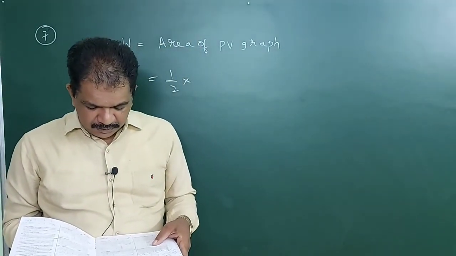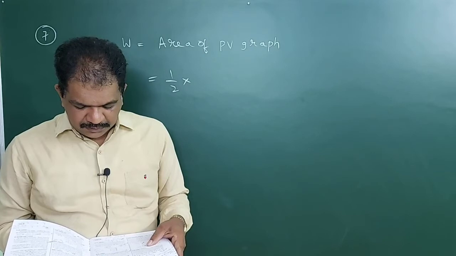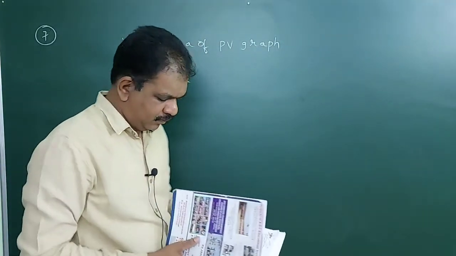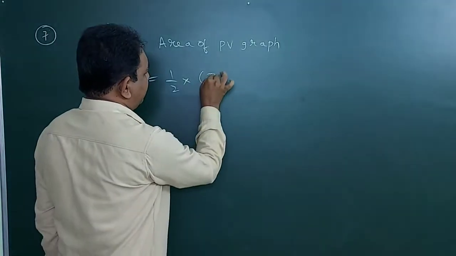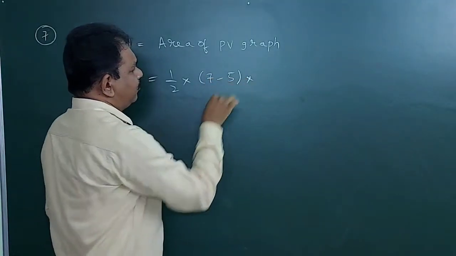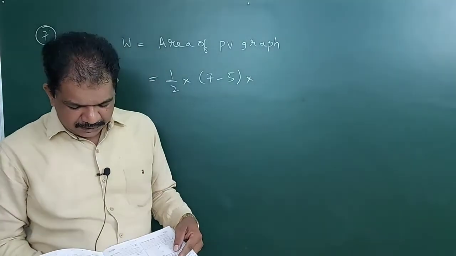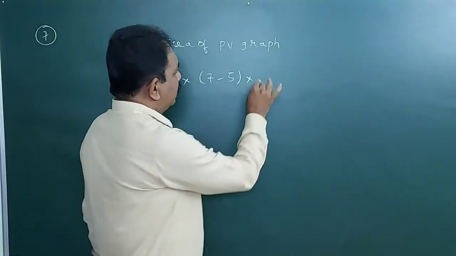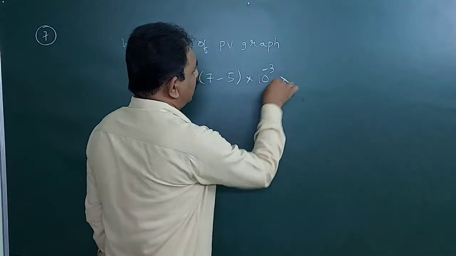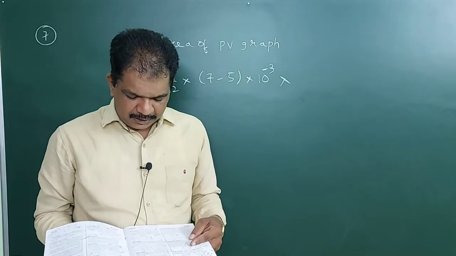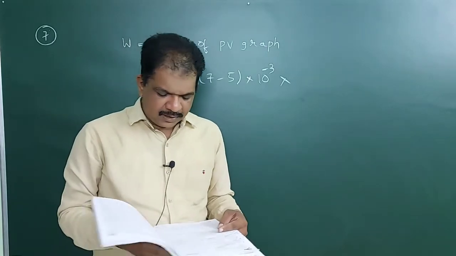Here base value will be from this side to this side, in between 6 and 8, which means 7 is there. So this is 7 minus 5, with power 10 power minus 3, into height value, here 8 is there, here 2 is there.